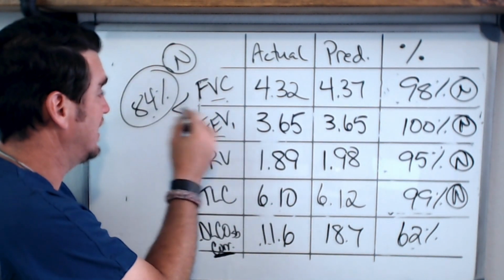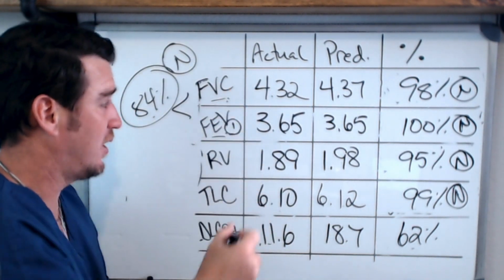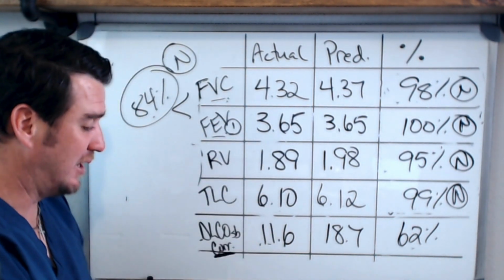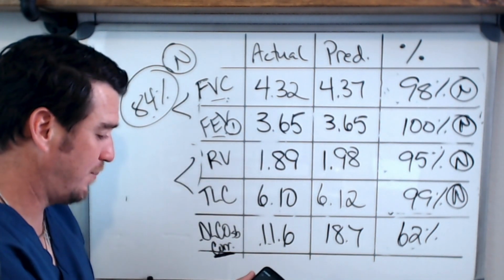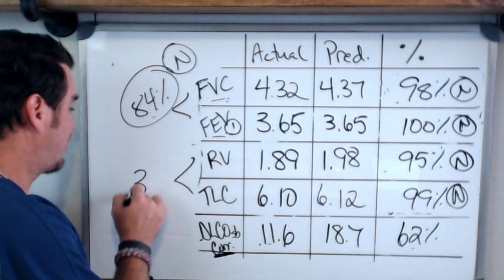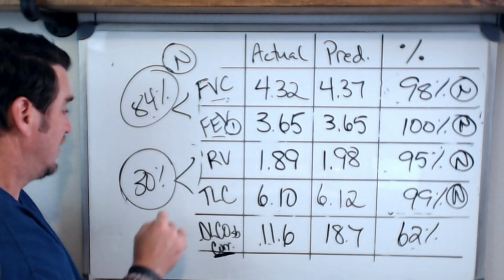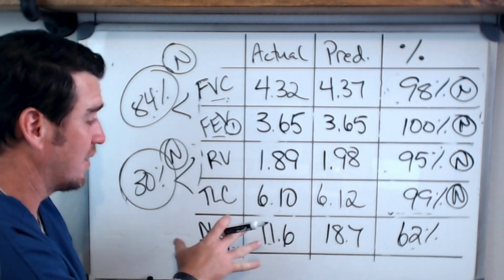So 84% of the volume came out in the first second compared to the total amount of volume forcefully exhaled. When we look at our RV to TLC, here we get 1.89 divided by 6.1. We get 30%, normal. Okay? So nothing abnormal happening here.